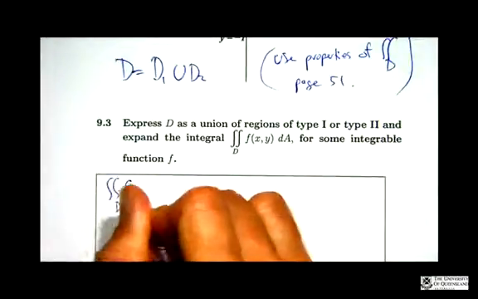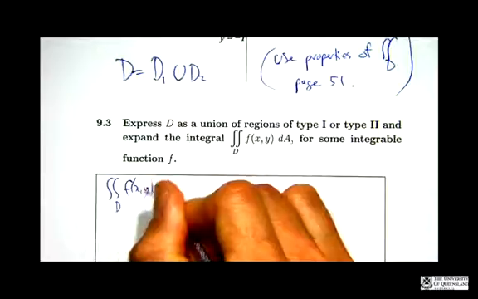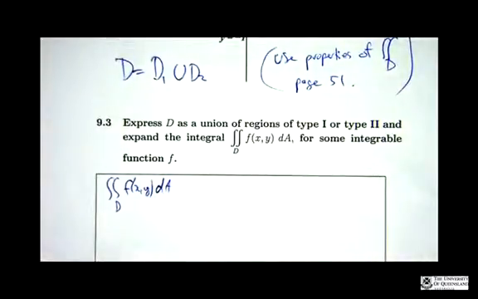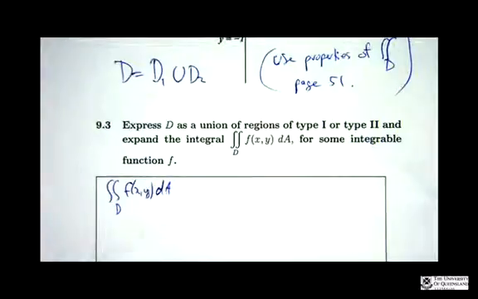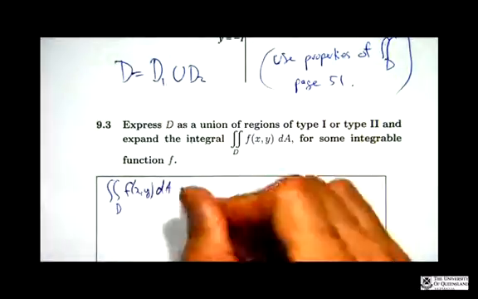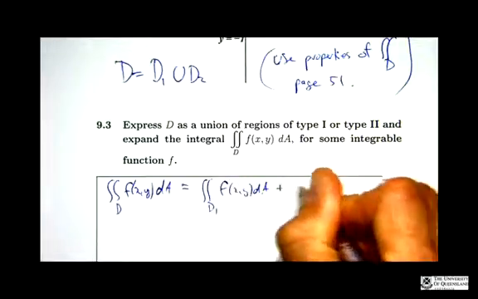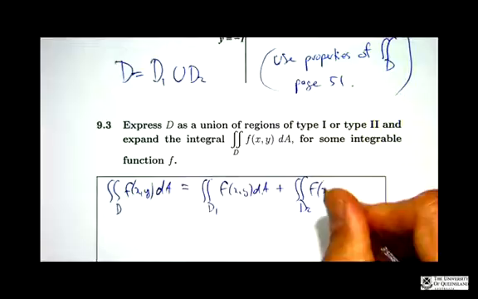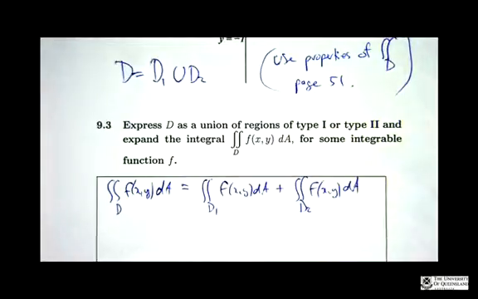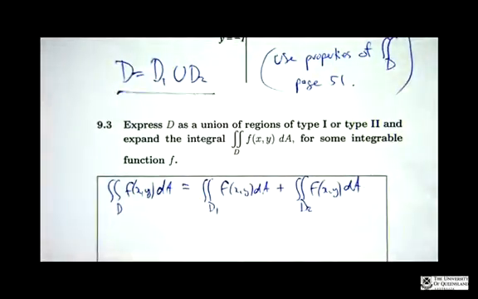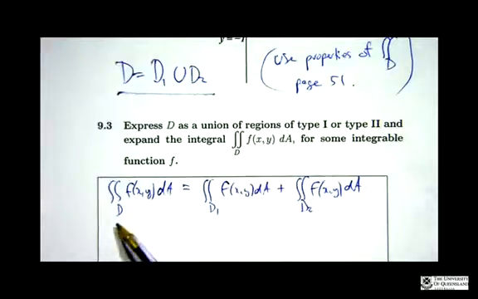Okay, so what we can do now, if we were interested in integrating some function of x and y over this region, we'd want to apply Fubini's theorem, but we realize this region D is neither type 1 nor type 2, so it's not as simple as just applying Fubini's theorem to the region D. But we can use the fact that it's the union of a type 1 region D1 and a type 2 region D2, and this is one of the key properties of the double integral: in that case, where it's a disjoint union, we can write the double integral over D as the sum of the two double integrals over D1 and D2.